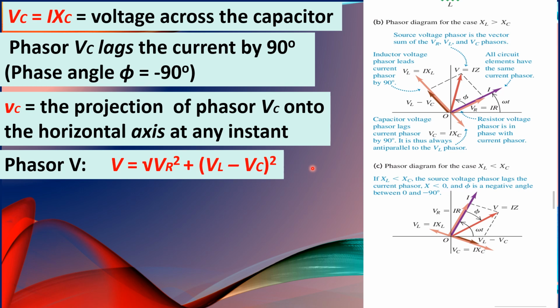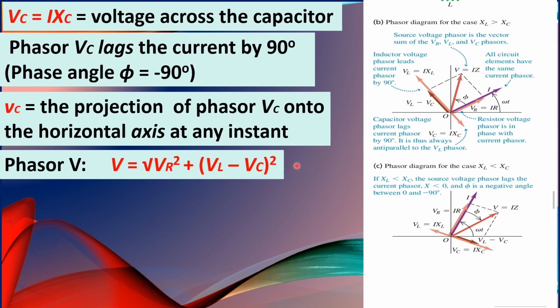All right? So v sub c is the projection of the phasor capital V sub c onto the horizontal axis at any instant. So again, we also emphasize that the phasor V sub c lags the current by 90 degrees. The phase angle, angle phi, is equal to negative 90 degrees.